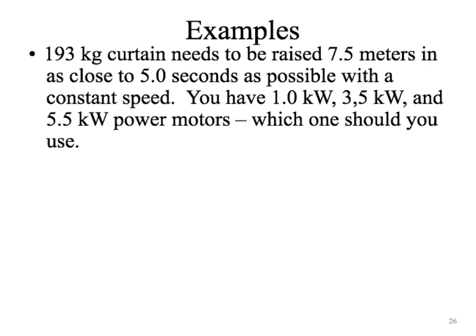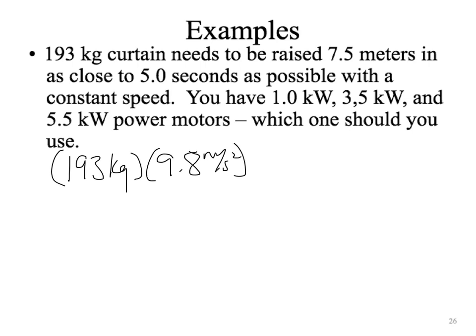Okay, so let's do an example here. We're going to find work a couple of different ways, and then we're going to divide it by the time. So I have a 193 kilogram curtain that needs to be raised. Obviously we need to raise that against gravity. So that's the gravitational force. Of course, we're used to now multiplying that by a distance to get work.